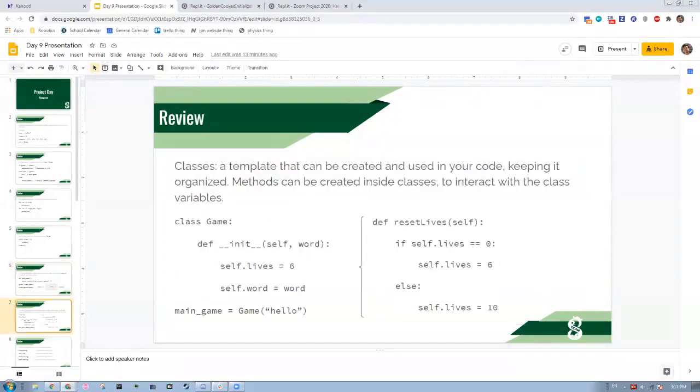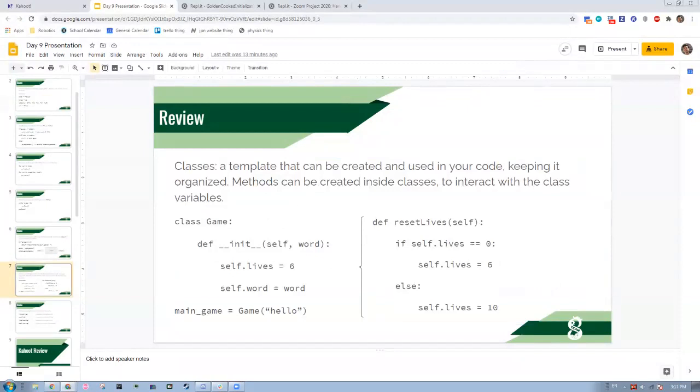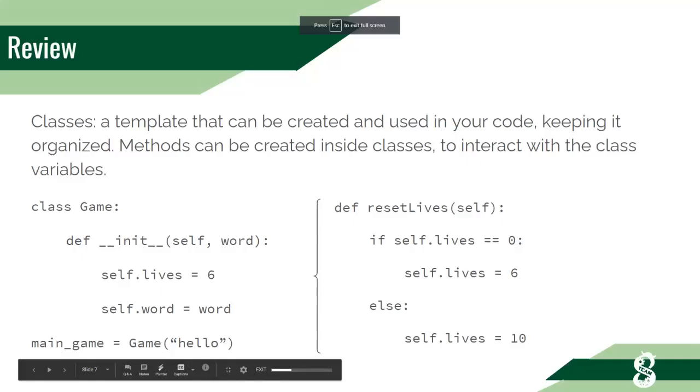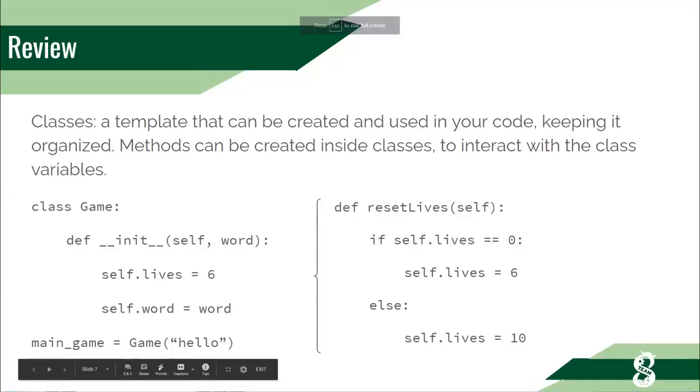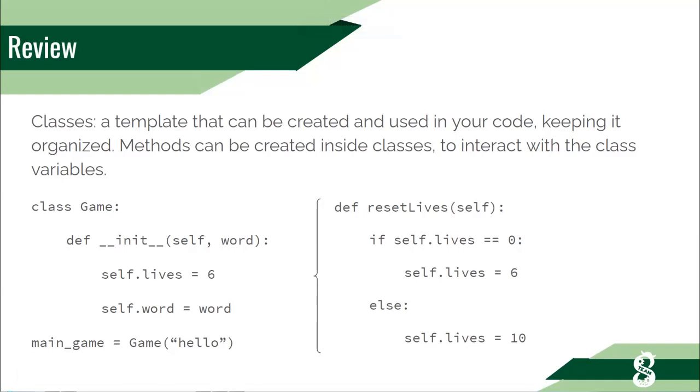So for the last bit of review, we have classes, which we learned on day 7 and day 8. Classes are basically a template that can be created and used in your code. You can create methods inside the classes to do stuff with the class's variables.